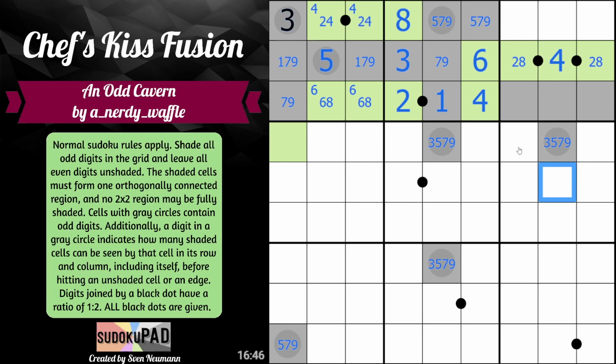And again, going back to no 2x2 region, this must be green and this must be green, which means this definitely has to be gray. It sees 3. If I extend it further, I can eliminate 3, but not just yet. So we can place 3, 5, 7, 9.